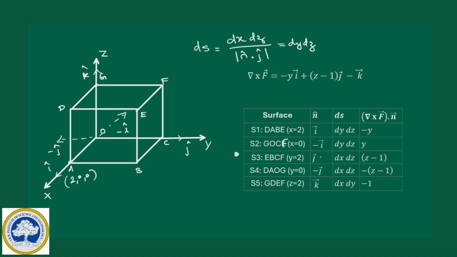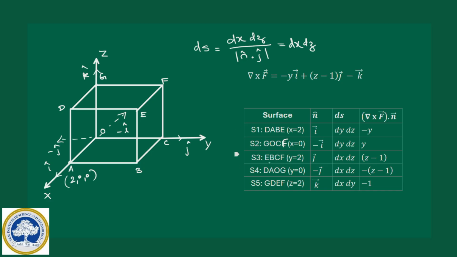So here n cap is equal to j, meaning j dot j is 1; n cap is equal to minus j means minus j dot minus j, right? So after simplification we'll be getting dx dy, right? Similarly, this way we have to write it for surface S5. Surface S5 it will be dx dy, right?